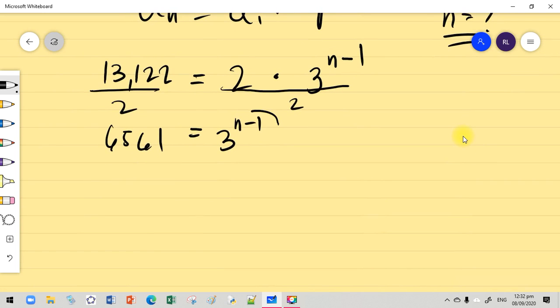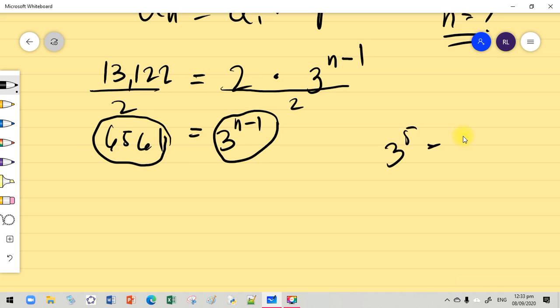Here we go again. The left side is exponential, and the variable is the exponent itself, the n minus 1. So the way to do this is to express 6,561 in exponential form with base 3. Let's take a look at 3 raised to 5, which is 243.